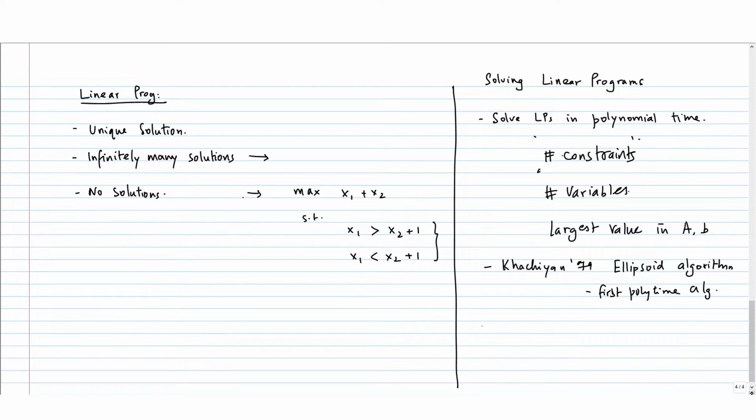Okay. What was known before Khachiyan's time was the simplex algorithm of Dantzig around 48. So, Dantzig is known as the father of linear programming. He invented the simplex algorithm, but this unfortunately runs in exponential time in the worst case.